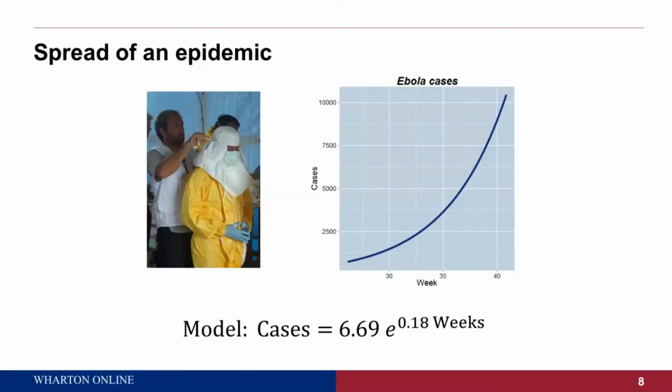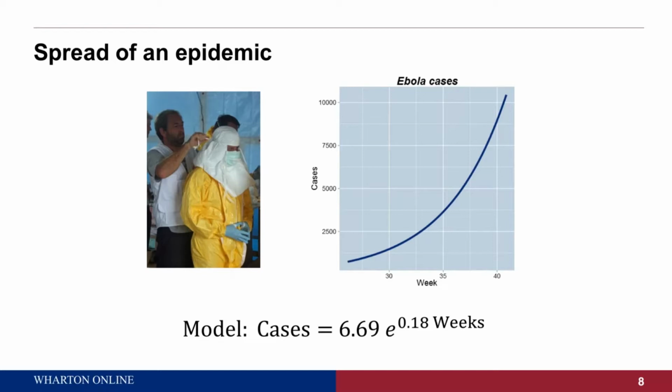What about the spread of an epidemic? Now, depending on the nature of the disease and the time at which we are following the epidemic, one of the basic models, at least to get started with, to think about a spread of an epidemic is what we term an exponential model. And here I have a graph of an exponential function.